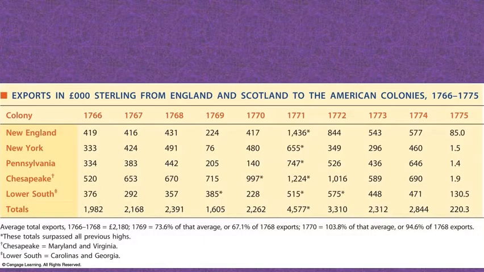Now it's a lovely chart here showing exports from England and Scotland to the colonies, starting in 1766, the year after the Stamp Act, and going through 1775. It's in pounds sterling, so you don't really need to know what that means. Just look at the numbers and think about, do they go up or do they go down?